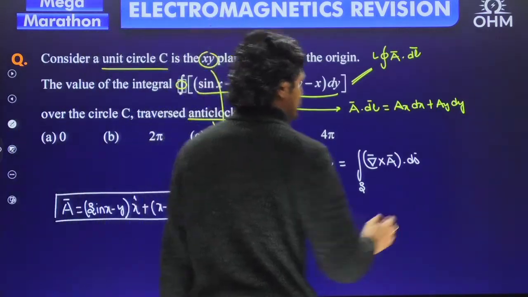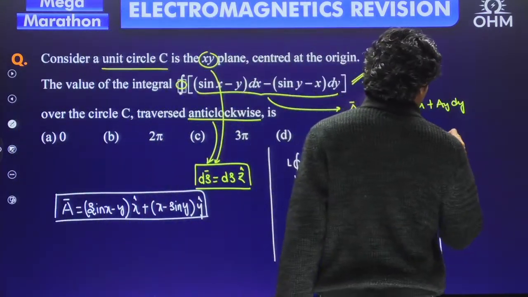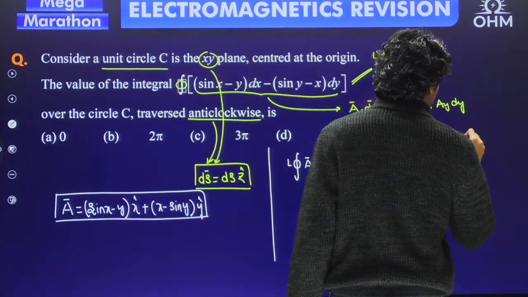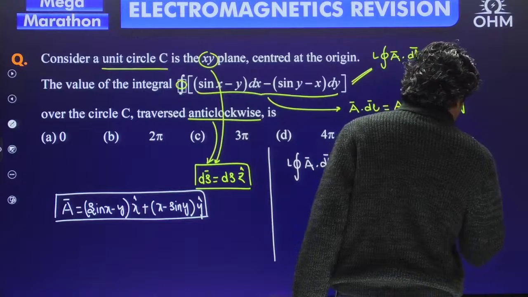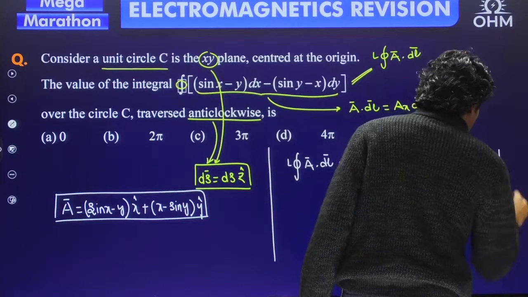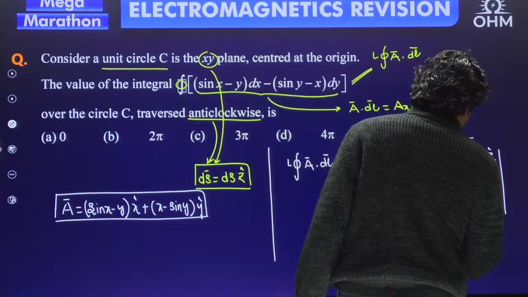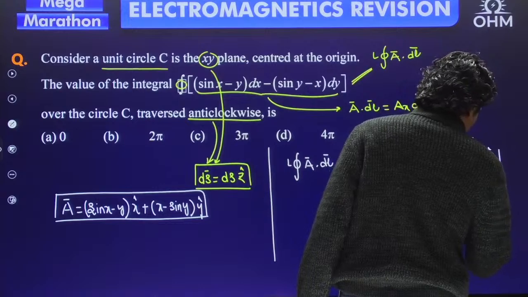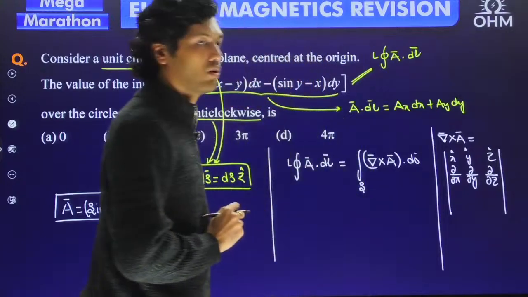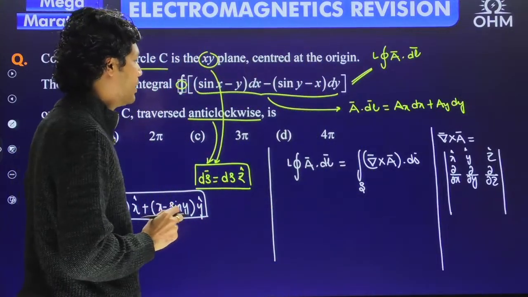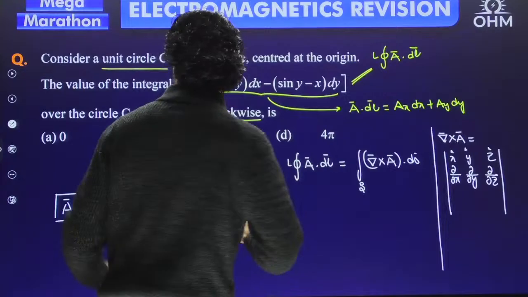Again, let's take the curl of the given expression. Del bar cross A bar becomes equal to the determinant with x cap, y cap, z cap, dou by dou x. Again, you can be very smart in the exam. I have ds bar only along the z cap direction.